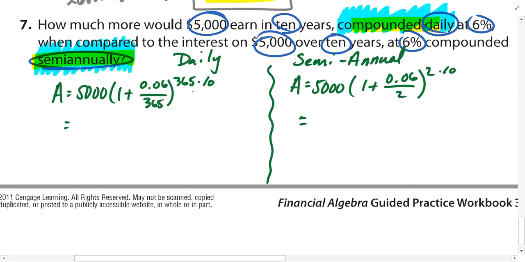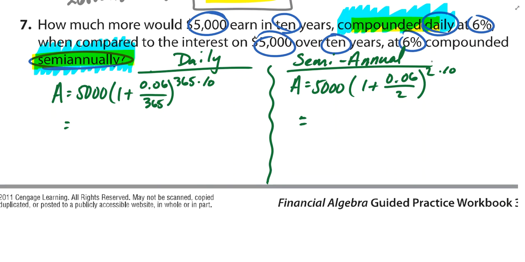On the left, you can see that we are compounding our interest 365 times a year, or daily. And on the right, we're compounding our interest only 2 times a year, or semi-annually. And so now the question becomes which one's going to be worth more and how much more. So again, I suggest you pause the video and try these computations on your own and see what result you achieve.